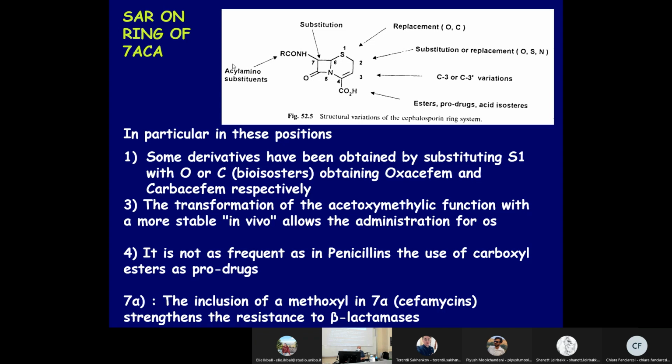Here you can see a final picture about all modifications performed on the different generations of cephalosporins.